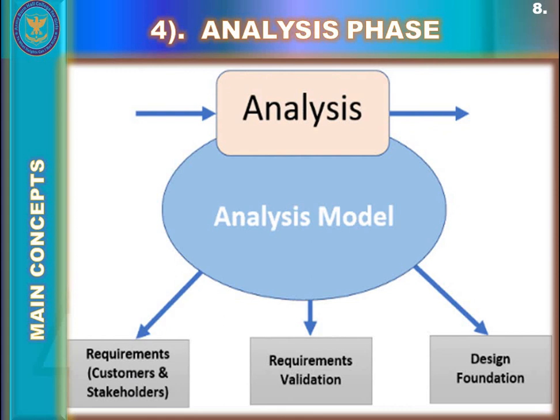So they would define the objectives of that new proposed software, and they would define the priorities of the user's requirements. Basically, the system analyst approaches the end user to find out what they want from the new system.